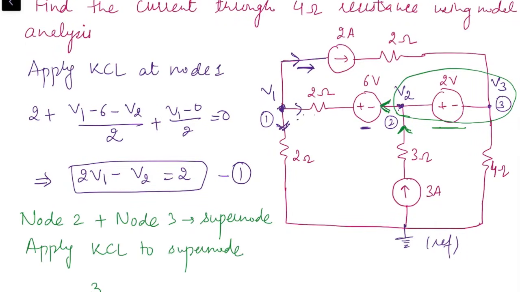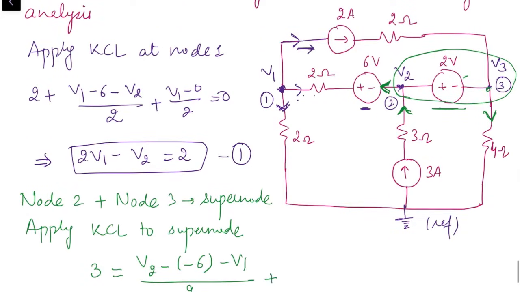So when we apply KCL to supernode, 3 ampere current is incoming to node 2. Assuming the current through this 2 ohm resistance leaving node 2, 3 should be equal to (V2 minus 6, since negative sign is coming from this side, minus V1) by 2. Then moving to node 3, we don't need to write the current through this as it's not possible. Then at node 3, let's assume current through R4 as outgoing plus V3 by 4.